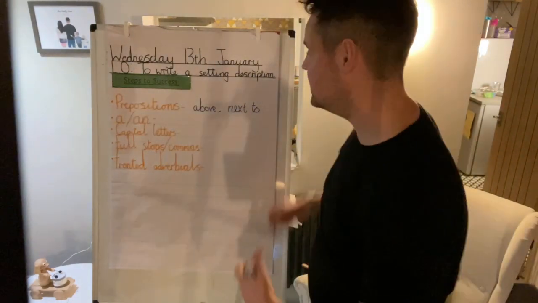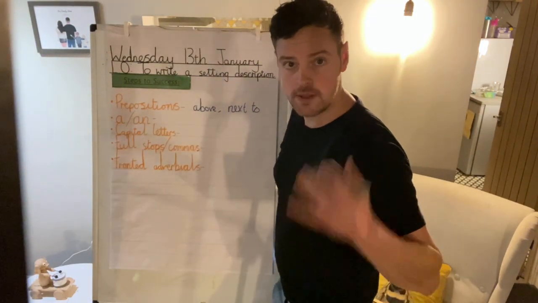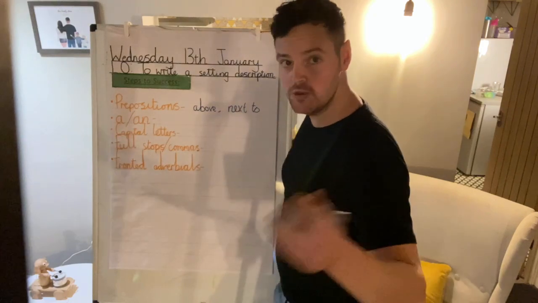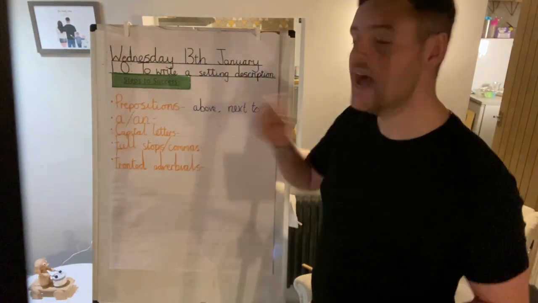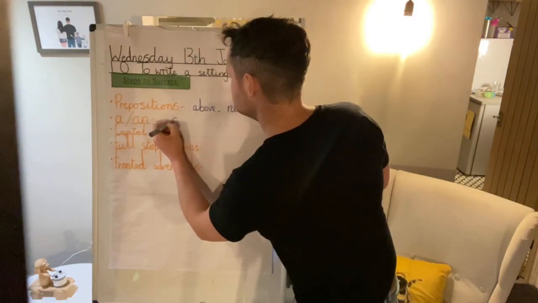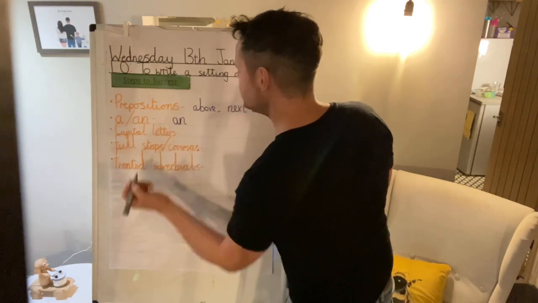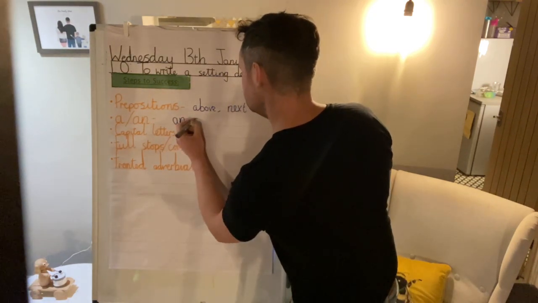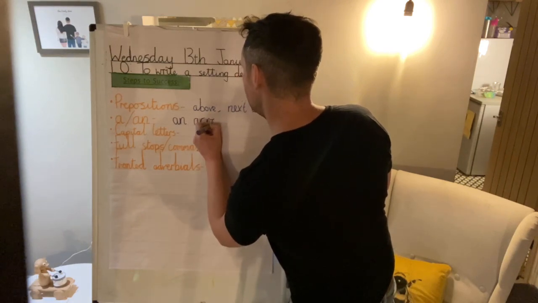So if we were saying a burger stall, B being a consonant, we would use a. If we were saying an acrobat, A is a vowel, so we would need an. So it's about you guys really stopping and thinking which one you need in that instant. So I'm going to write this down as our example. An acrobat.